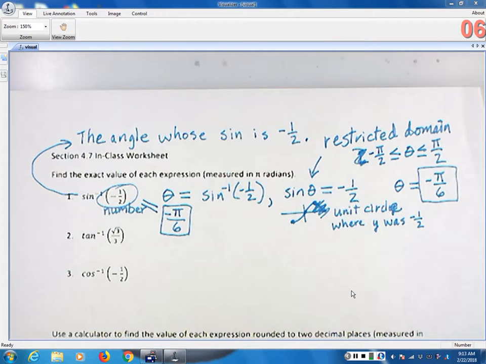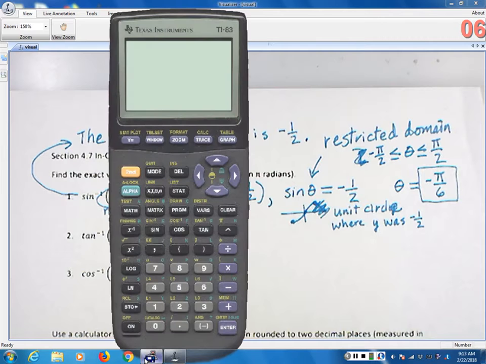What do you want to type in your calculator? Sine of negative 1 divided by 2. Why do we have the inverse sine here?